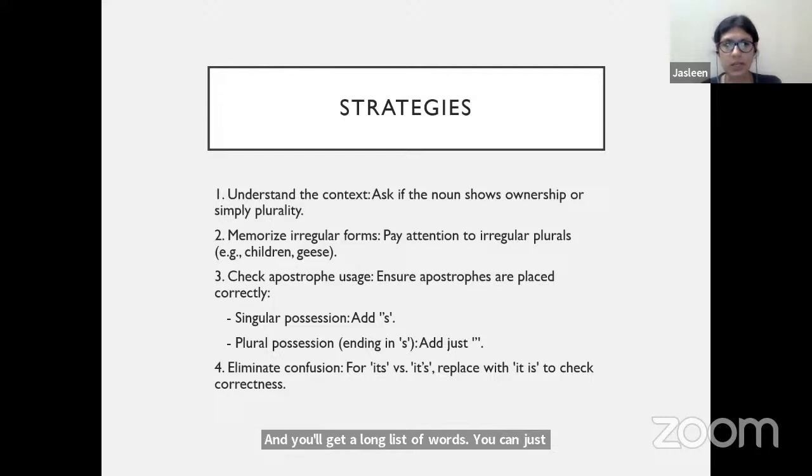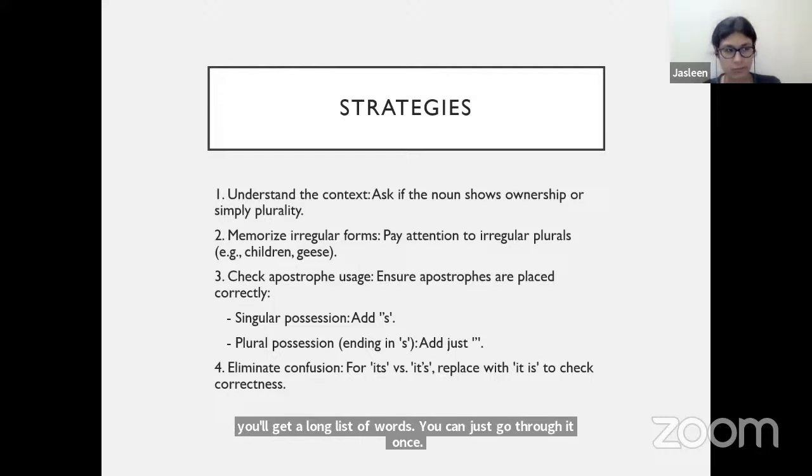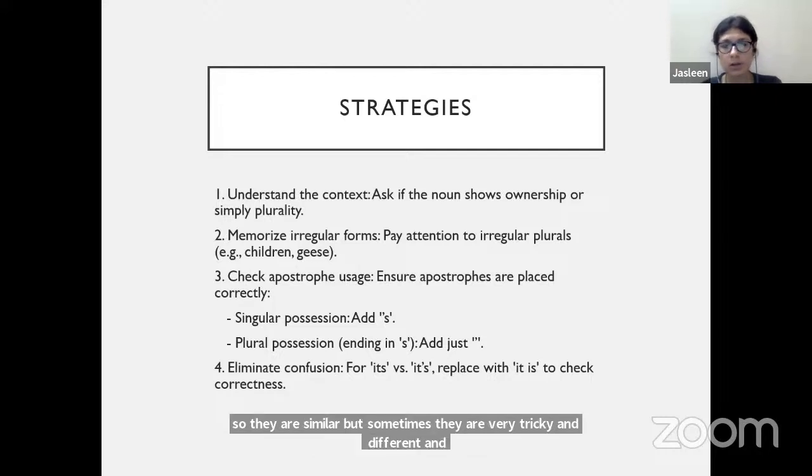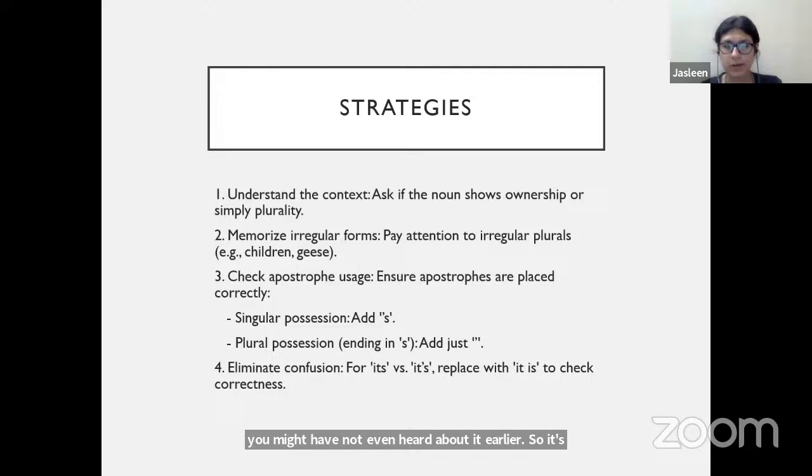Usually the words are similar, as we talked about: man and men, child and children, goose, geese, woman, women. But sometimes they are very tricky and different, and you might not even have heard of them earlier. So it's better to prepare for it.